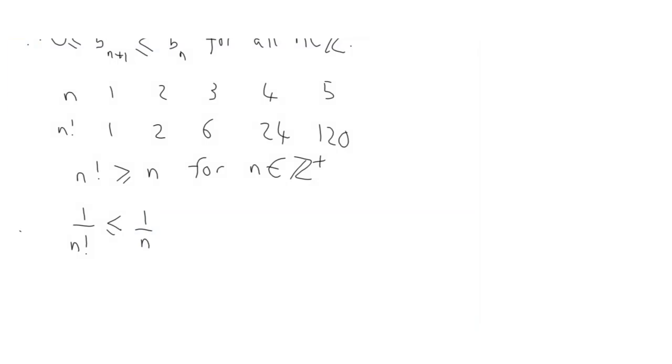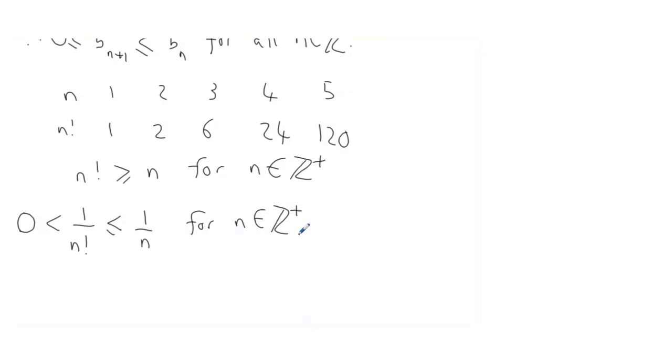N factorial will always be positive for positive integer n. Well, it would be anyway, it wouldn't make sense for a negative number. And so everything is positive for all positive integer n. So that means that we can use a squeeze theorem to find this limit.